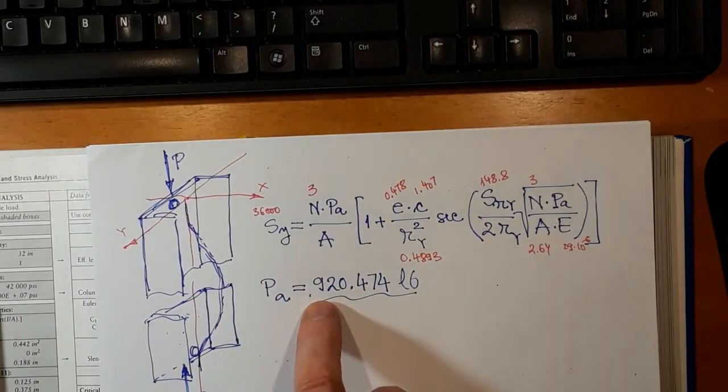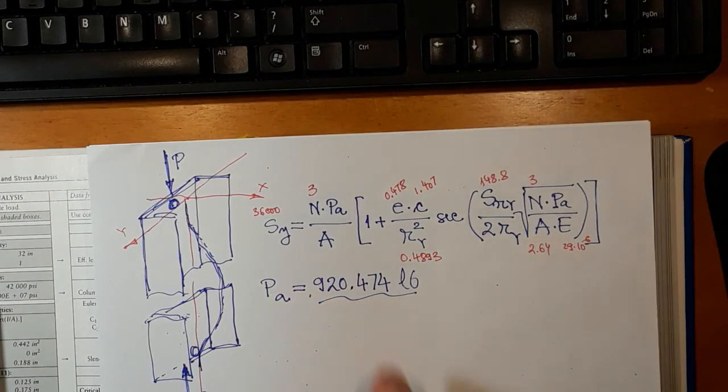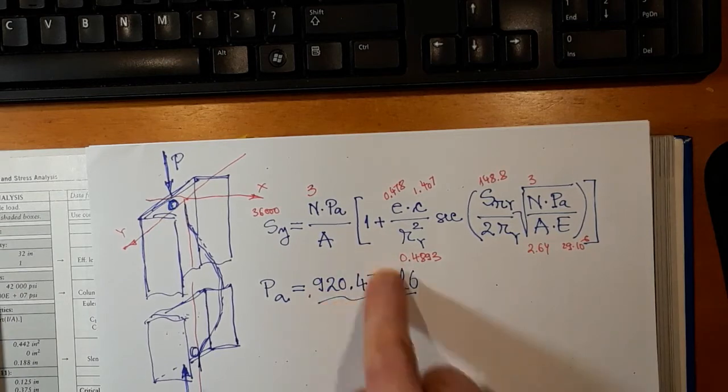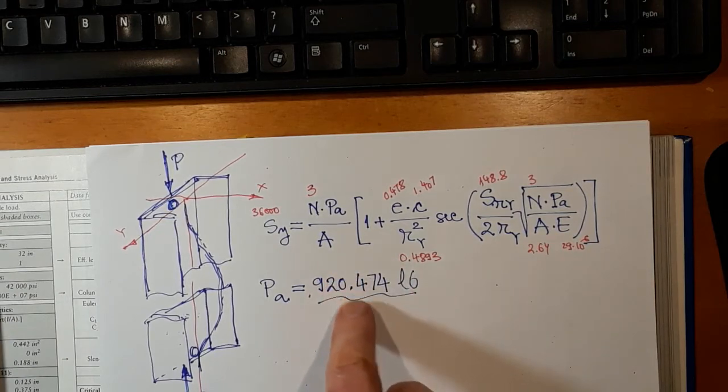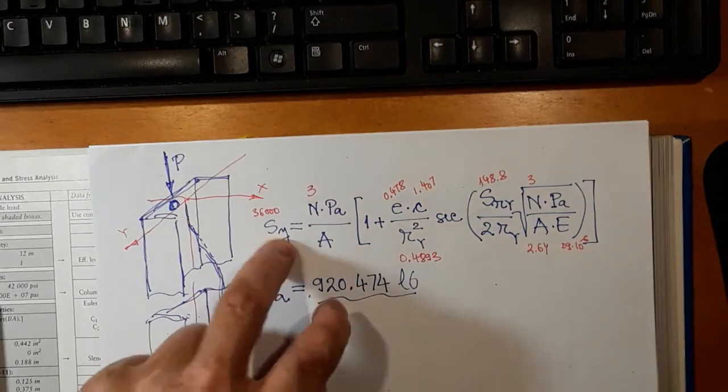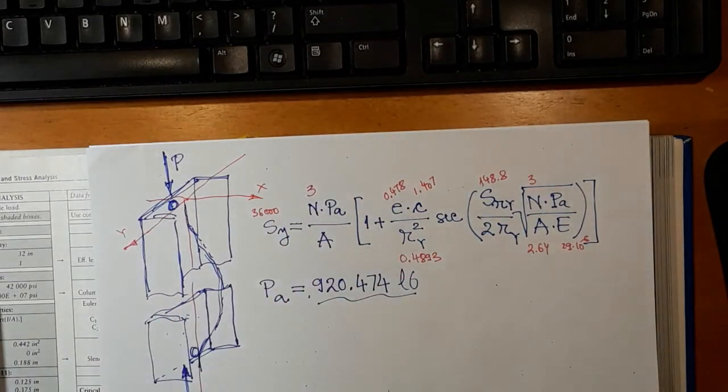The answer is 920.474. Very sensitive: a slight change of just 1 pound throws this value off by quite large amounts.